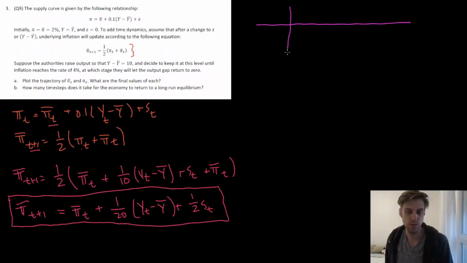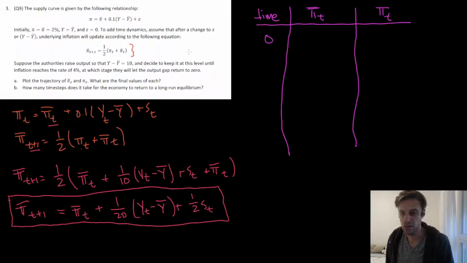We'll put time here, and then we're going to have pi bar t, and we're going to have pi t. And at time 0, we're given values. We're given that we have 2 and 2.